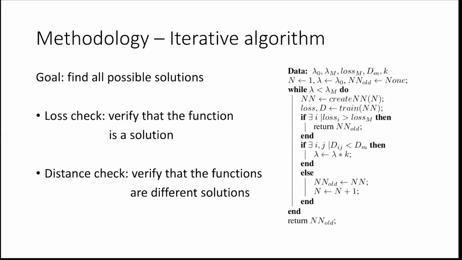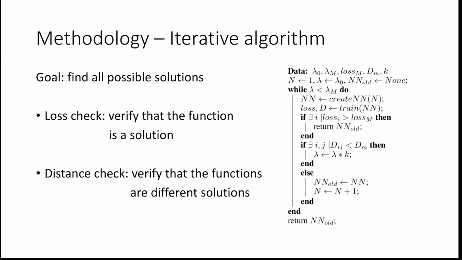And the full algorithm is this one. As you can see, we first set the hyperparameters that we need, and then we start with a value of the strength. We create at the beginning just one neural network and we train it. If the loss is lower than a threshold of the loss, then we can be sure that it converges.